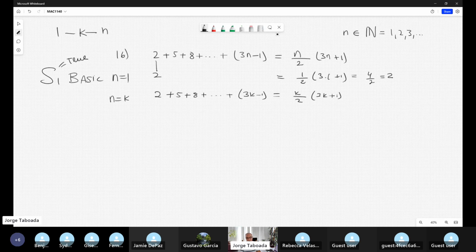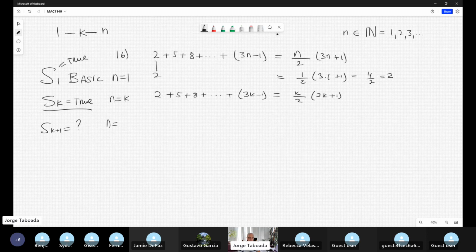Hypothetical k, I call it. You can call it any letter. You assume it's true. Suppose that S sub k is true. This is the assumption. Then I will be able to prove that the next is true using that condition. This propagates forever, for 2, 3, 4, 5, 6, 7, and infinity. Now it's for S sub k plus 1.